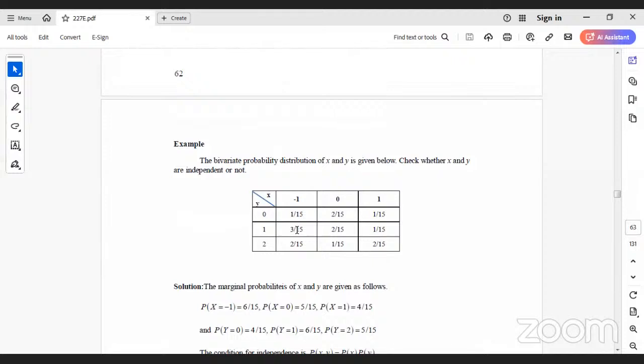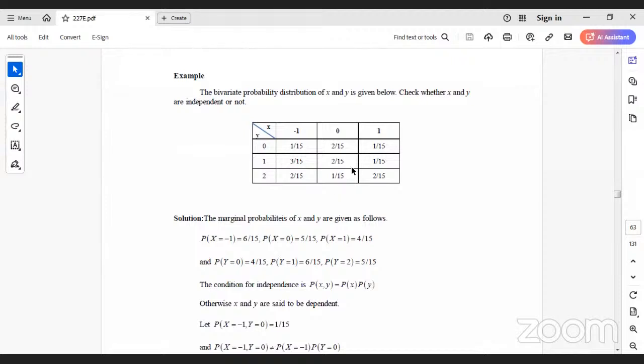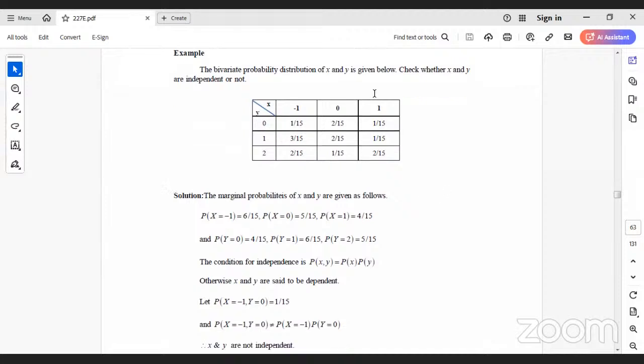Check whether x and y are independent or not. The table has x values -1, 0, 1 and y values 0, 1, with entries 1/15, 2/15, 1/15, 3/15, 2/15, 1/15, 2/15, 1/15, 2/15. Summing the columns gives the marginal values, for example 6/15 and 4/15.